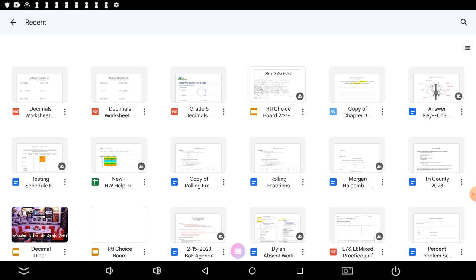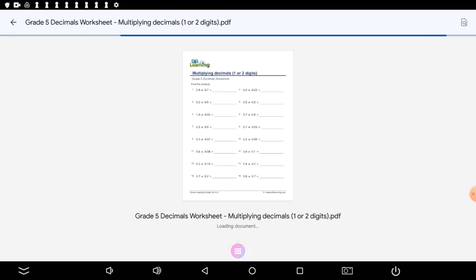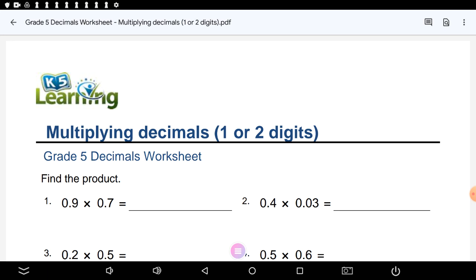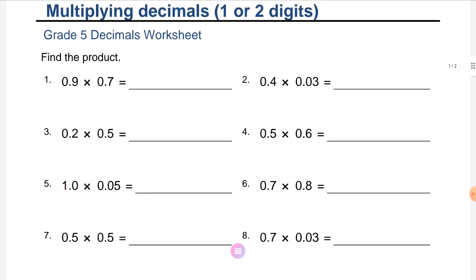It looks like this. We're going to start with some easy ones. So first, we ignore the decimal point. Callie, in number 1, if I ignore the decimal points, what numbers do you see?